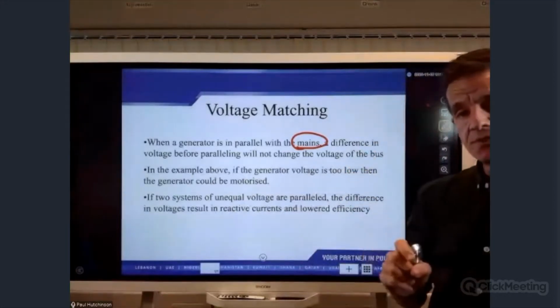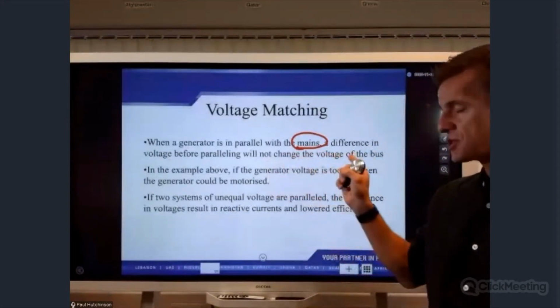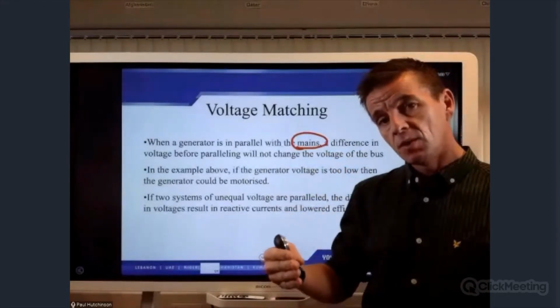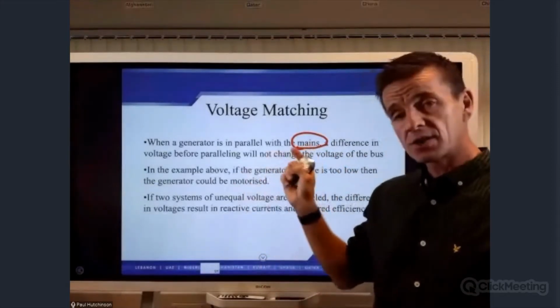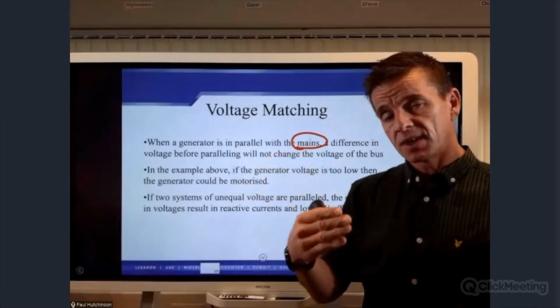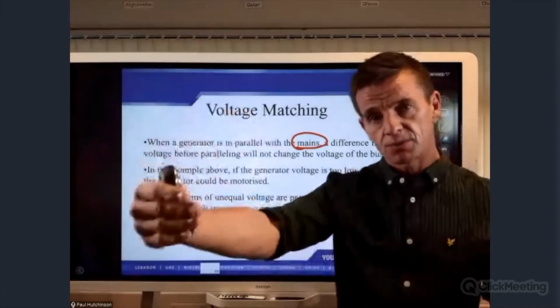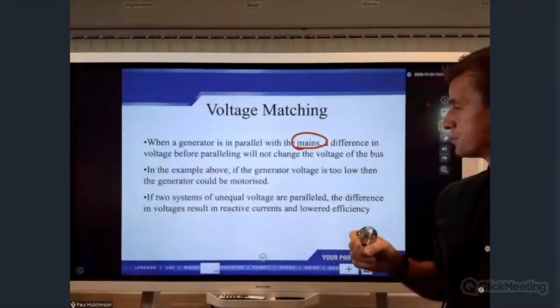A small difference in the voltage of the genset will not change the voltage of the bus. And by the bus, we're talking about the actual mains itself, the connection of where the other side of the breaker from there to the mains, where we're connecting.